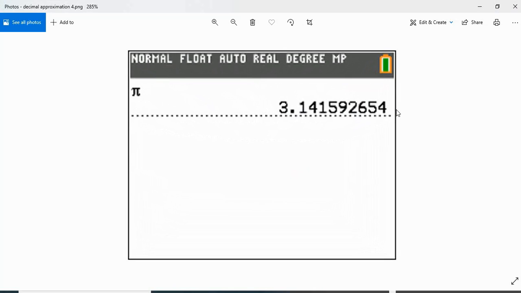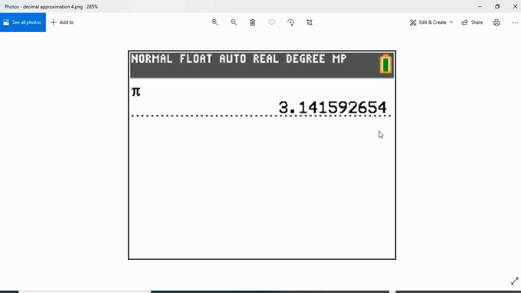Let's consider one of the most popular irrational numbers ever, which would be pi. When we calculate it using our calculator, we get this decimal approximation. Notice it's not repeating. But you might say, hey, it's terminating at that 4.